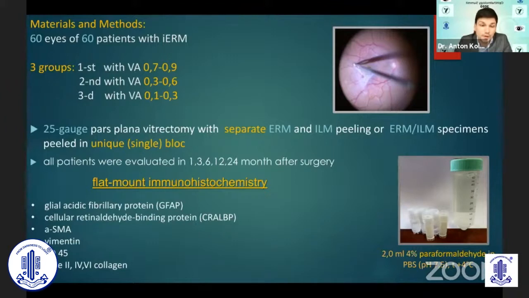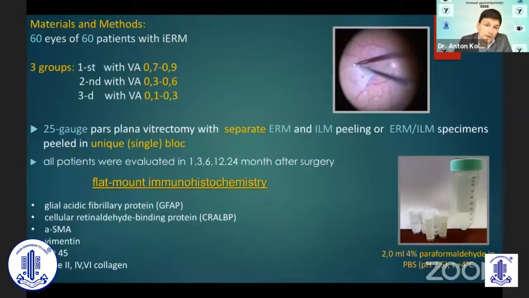All patients were divided into 3 groups in relation to visual acuity. The present study evaluates flat-mounted ERM surgical specimens for evidence of transdifferentiation of different cell types, such as retinal Müller cells, astrocytes, and hyalocytes expressing glial fibrillary acidic protein, GFAP.